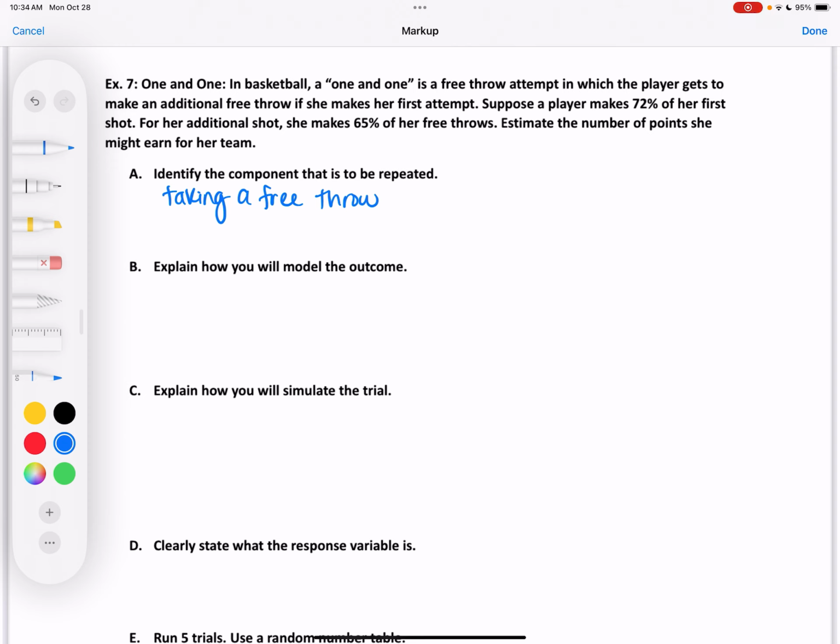So explain how you're going to model the outcome. If we're going to use our calculator, we can just use 0 through 71, since she has a 72%, for the first shot. So 0 through 71 means she makes the first shot.